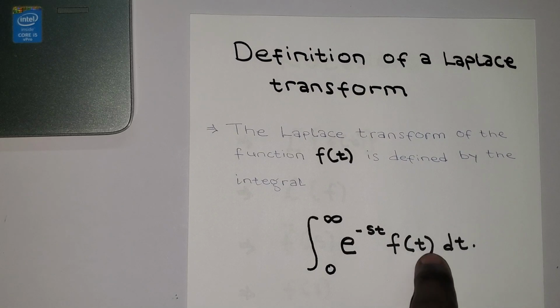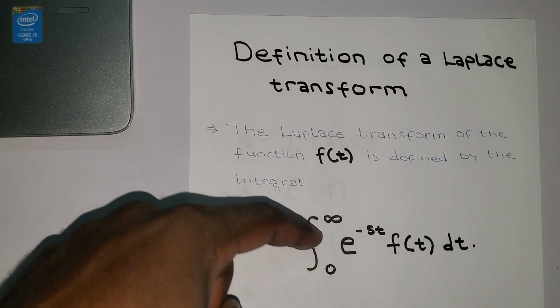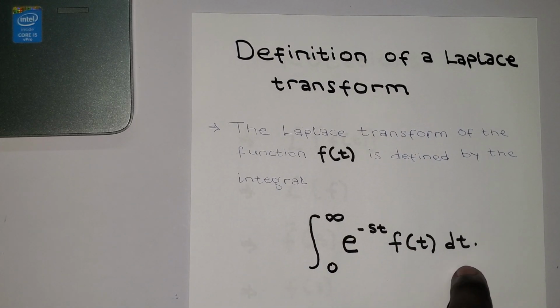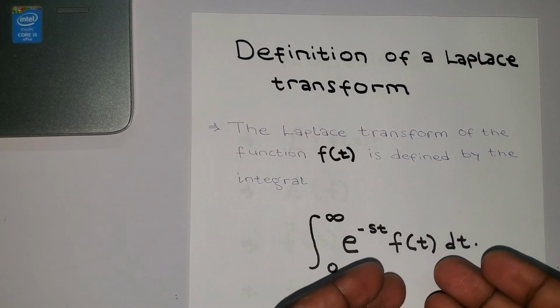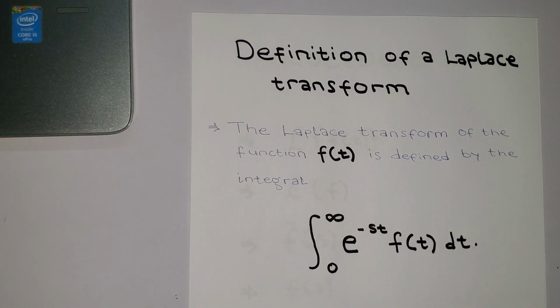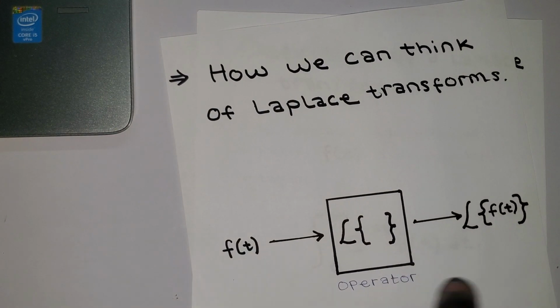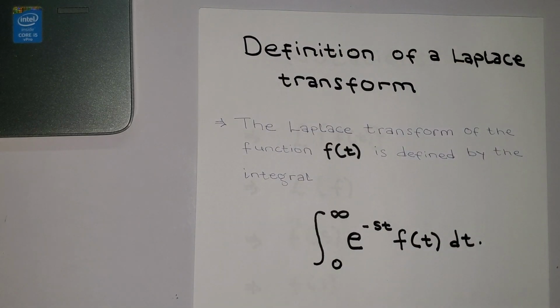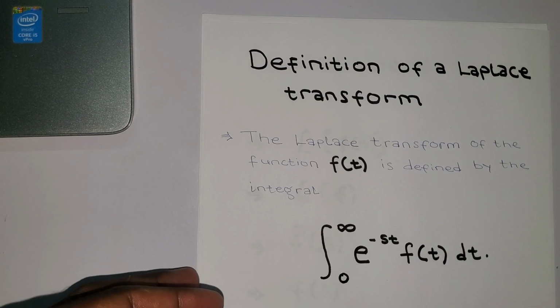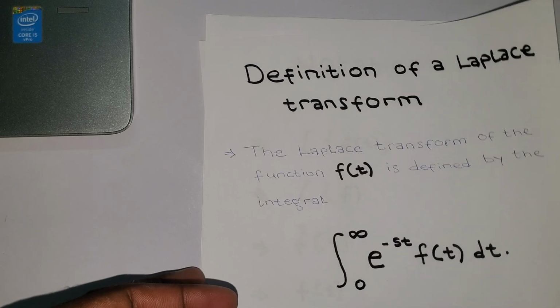And of course, we are integrating between 0 and infinity, with respect to t. So you basically get the function f of t, and you plug it into this integral. Then you have your Laplace transform. That's how you define it.